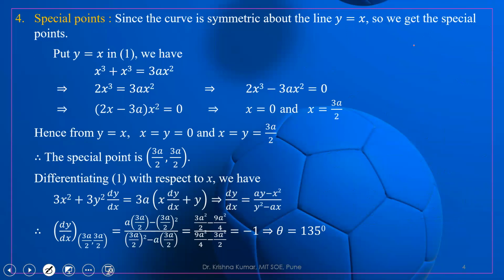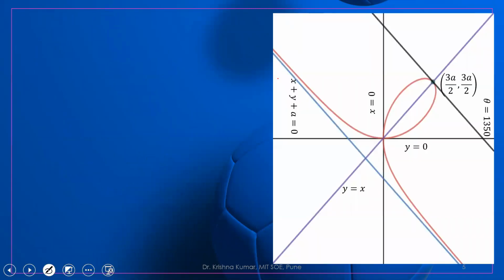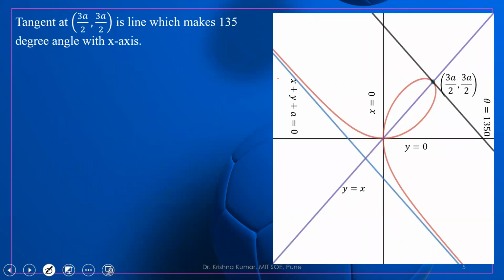Clearly, in this case we are getting a special point, so at that point we also need to find the tangent. The tangent at (3a by 2, 3a by 2) is the line which makes a 135-degree angle with the x-axis.